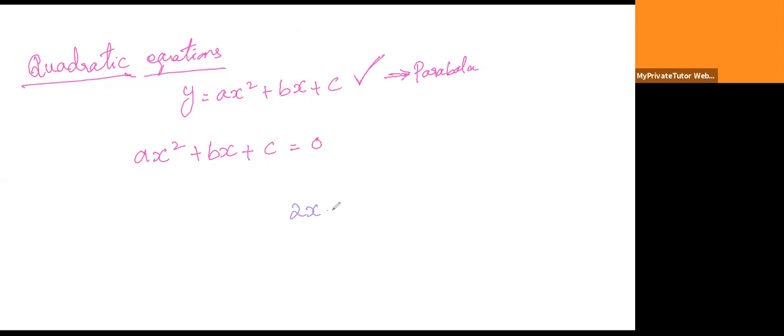Similarly, see, 2x plus 5 equals 9. What we are going to do here is find the value of x in the linear equation, right? But if we have an x somewhere and y as well, like this, then it becomes a linear equation. I hope you guys understand what I'm explaining.